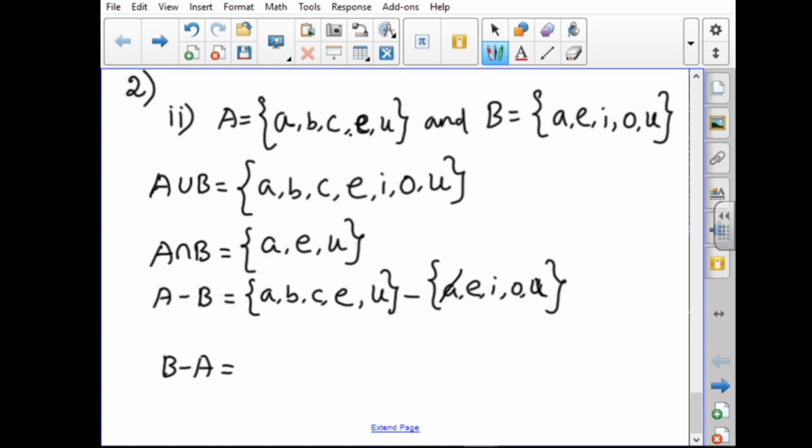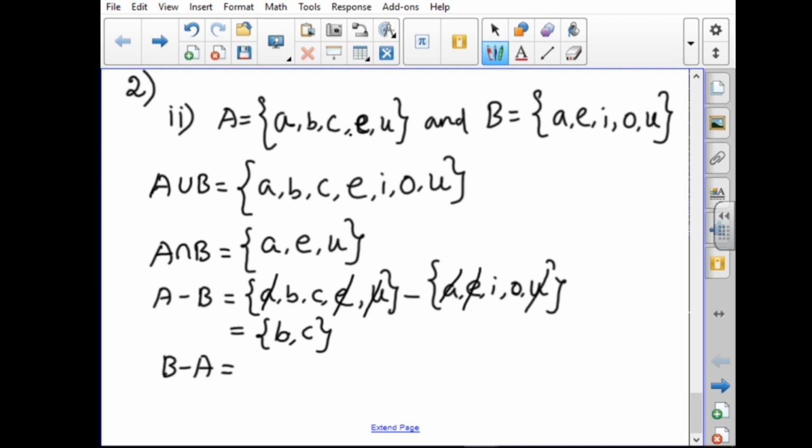A is there, so you can strike out A, and E is there, and U is there. So what are the remaining? Only A elements you should write. So B, C are the elements of A difference B.